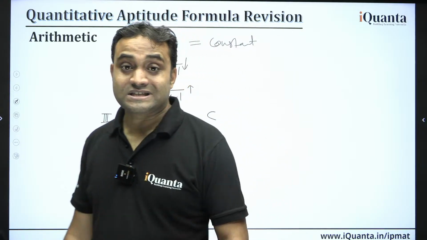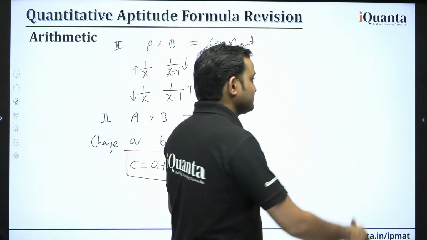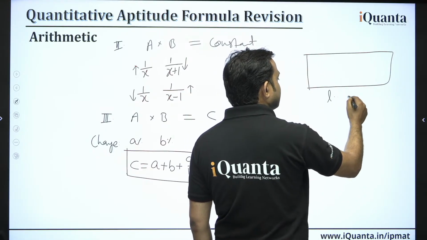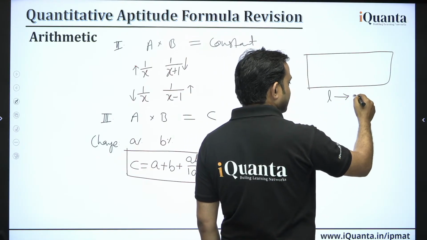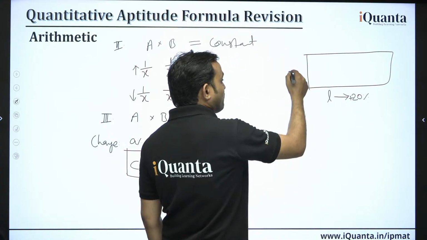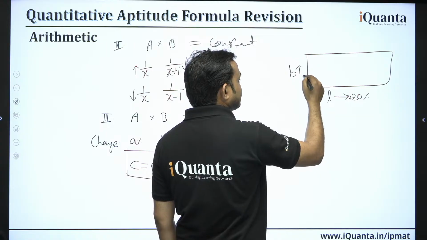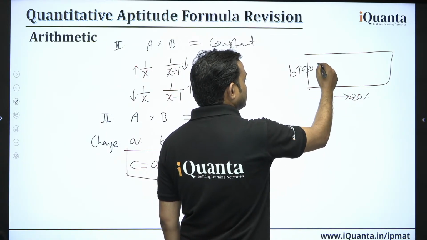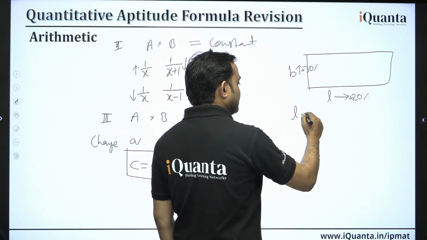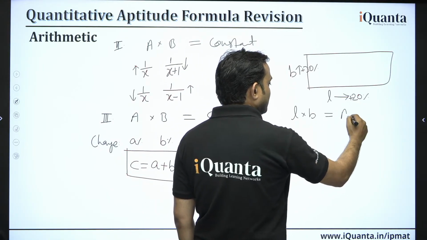Where do we use this? Like, let's say there is a rectangle, and in case of this rectangle, the length is increased by, let's say, 20%. The width or the breadth is increased by, let's say, 30%. What will be the change in area? So we know that length into breadth is equal to area.